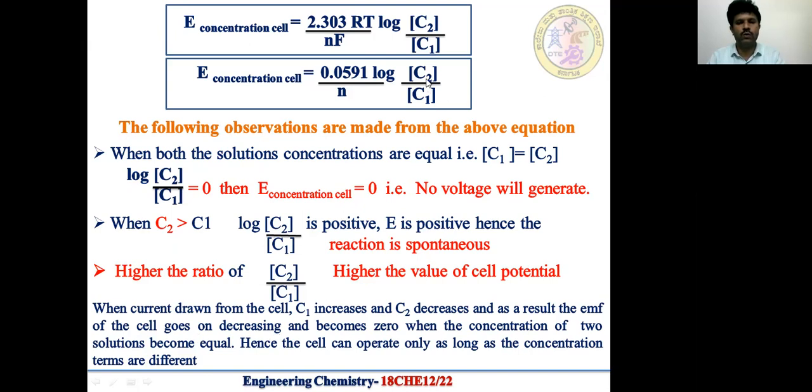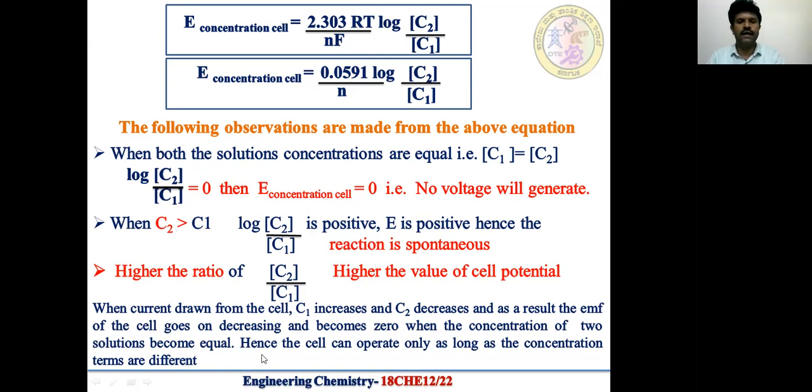So C2 decreases, C1 increases. That means the numerator value decreases and the denominator value increases. Hence, the EMF goes on decreasing and becomes zero when the concentrations of both electrolytes become equal, that means C1 is equal to C2.